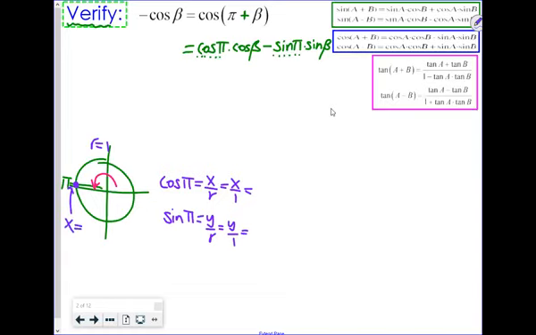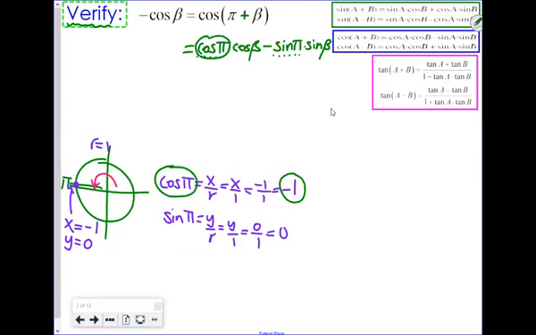Its x is not 1, it's gone left. Its x is -1, and the y is not going up at all, its y is 0. So, in an equation where I see the cosine of pi, it can be replaced by -1.